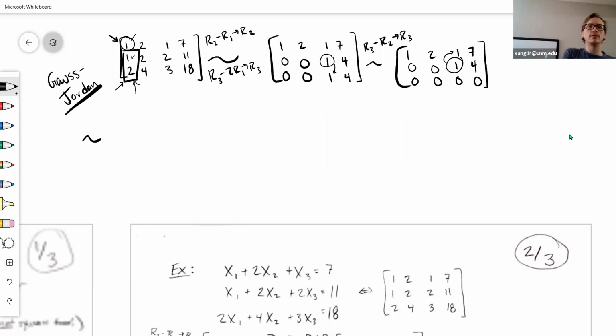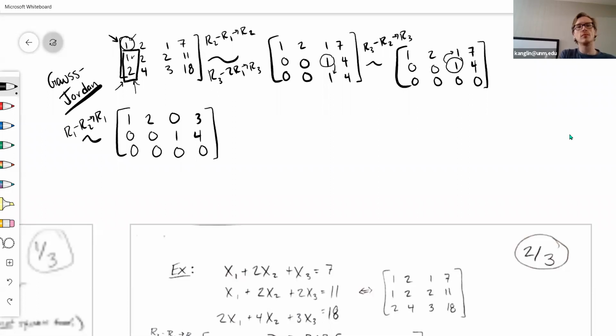That will take row 1 minus row 2. You can put back into row 1. 1 minus 0 is 1, 2 minus 0 is 2, 1 minus 1 is 0, 7 minus 4 is 3. And that's all I changed. Okay, that's it. This is our RREF form.